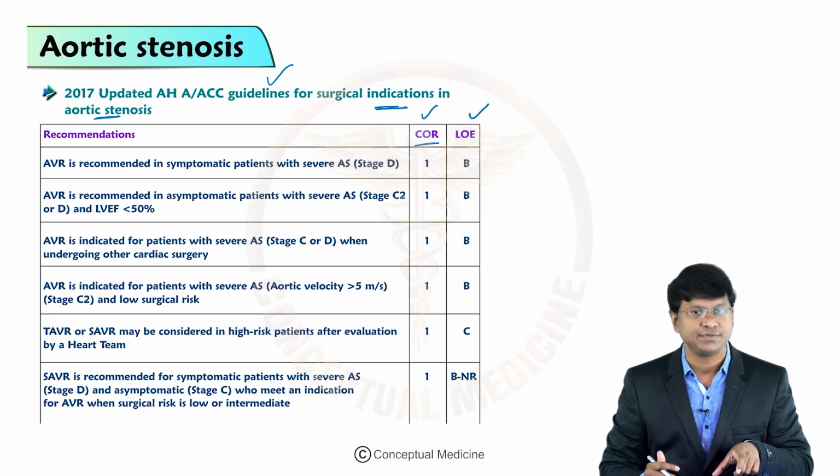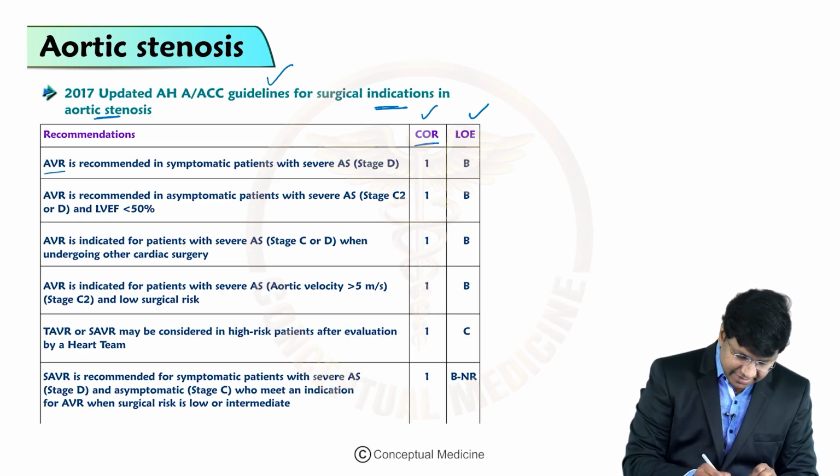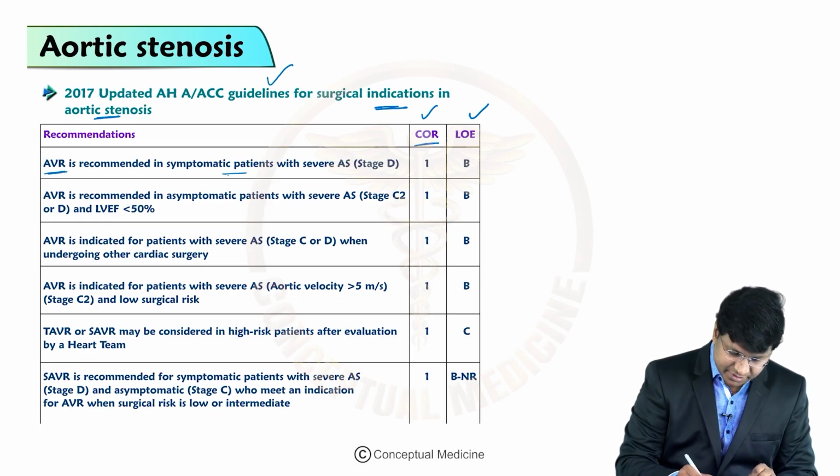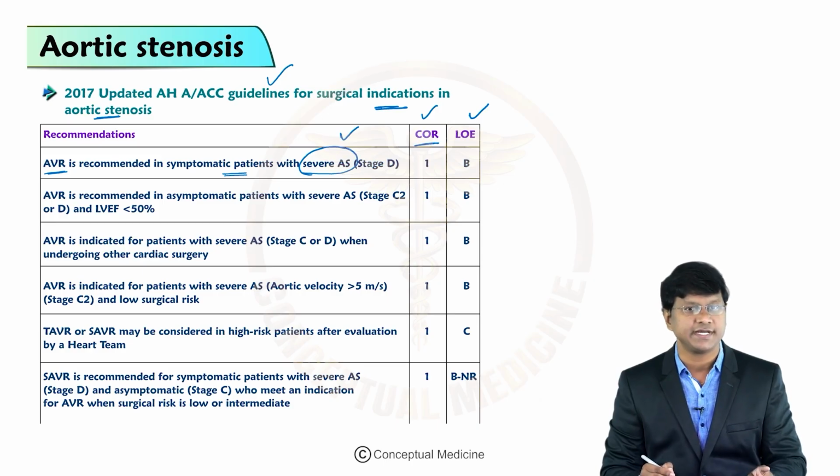That means if this scenario is there, definitely the individual has to undergo surgical intervention across the aortic valve. That is, aortic valve replacement is indicated in symptomatic patients with severe aortic stenosis.